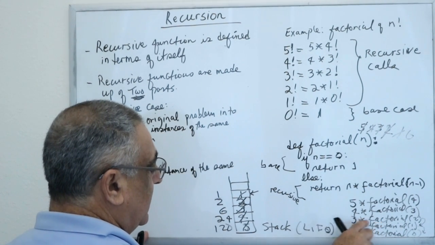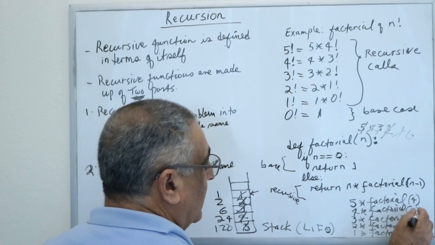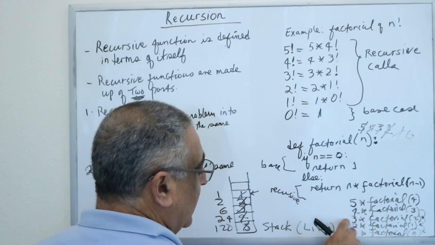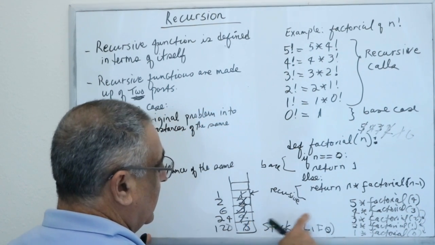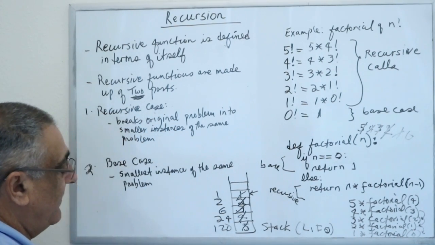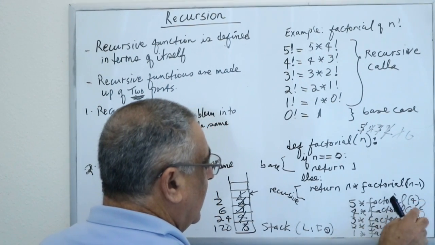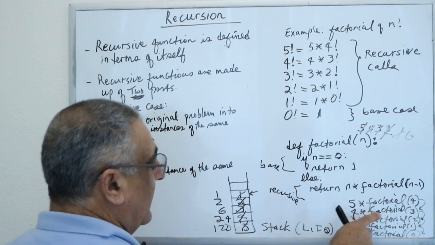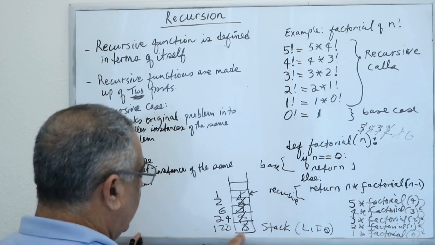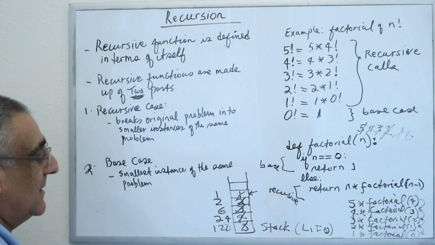So it takes the 2 times the top of the stack, which is 3, that's 6. When we call the factorial of 3, that generated this line, which returned 6. So it takes 6 times the top of the stack, 4, that's 24. Then 24 times the top of the stack, which is 5, that's 120. And therefore it returns that.